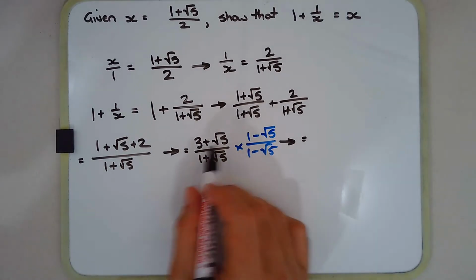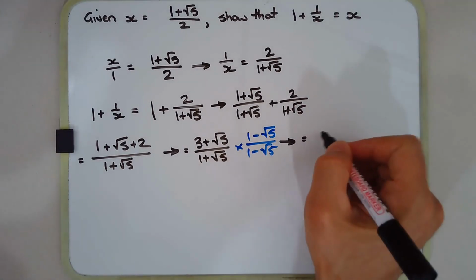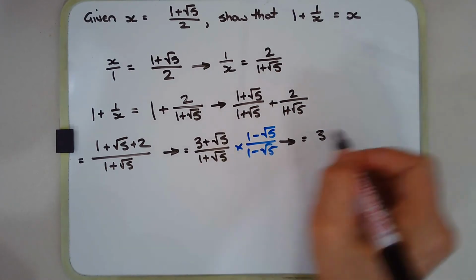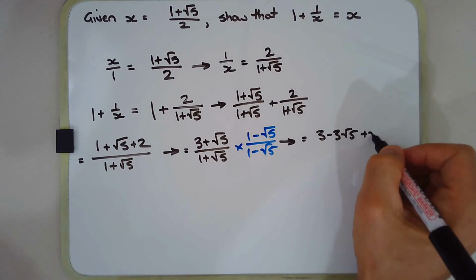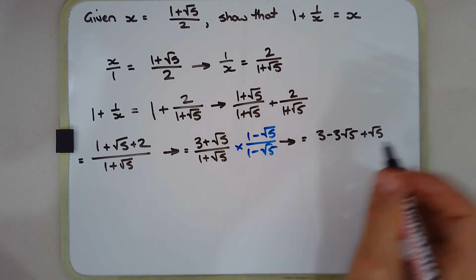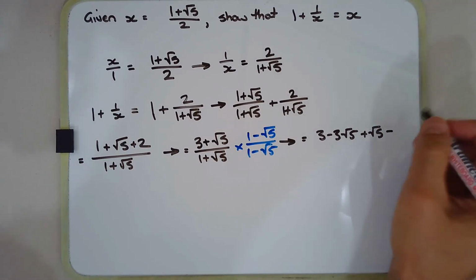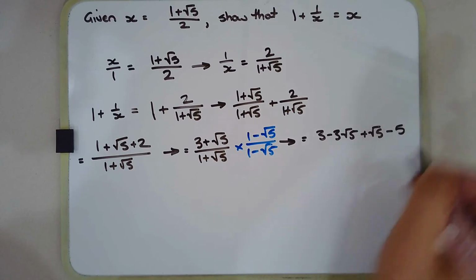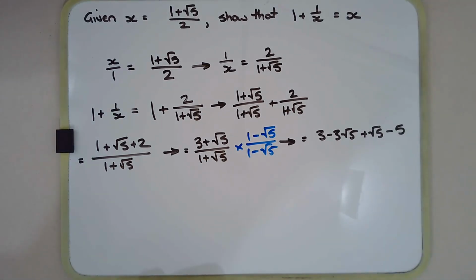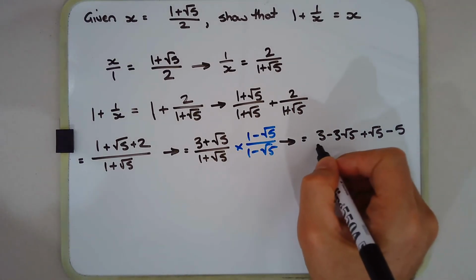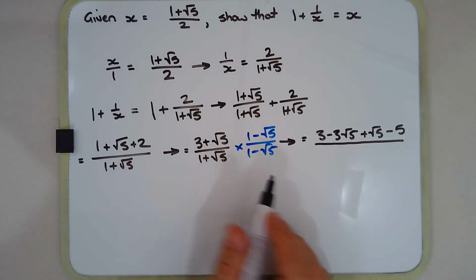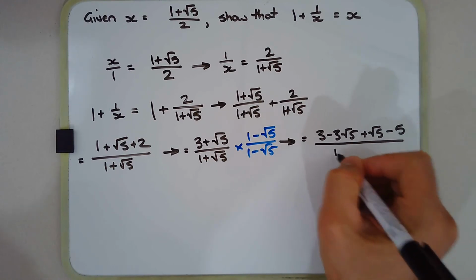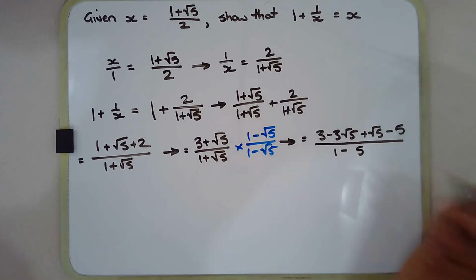It's a binomial product, so 3 times 1 is 3, minus 3 root 5, plus root 5, minus 5, all over (1 plus root 5) times (1 minus root 5). That's going to be 1 minus 5, which gives us negative 4, of course.